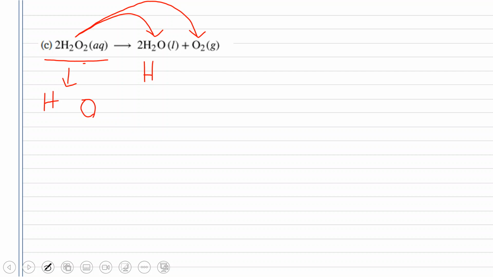Now remember what we said about the rules for assigning oxidation numbers. There are instances where the oxidation number for certain elements is going to change. We're going to go back right now. I want you to see that before we come back here.